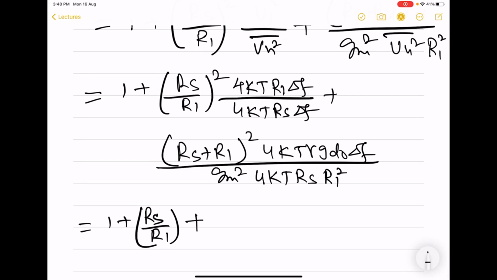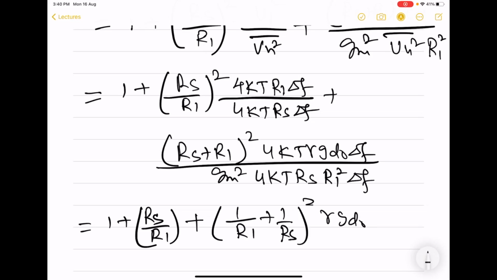And here what we get is 1 by (R1 plus Rs) whole square, gamma GD0 delta F is here also, Rs divided by Gm square.